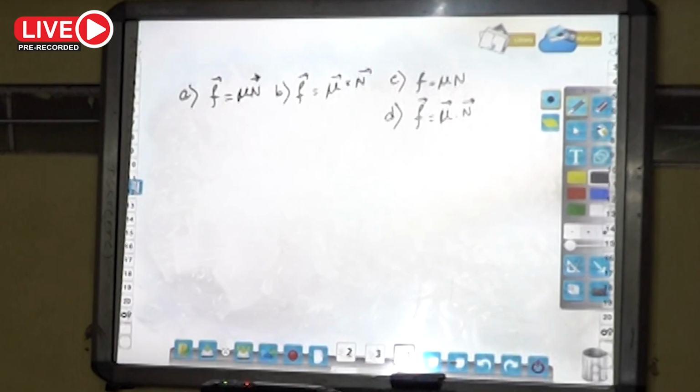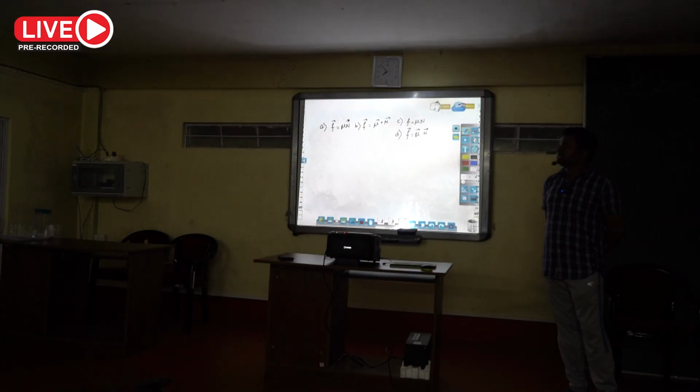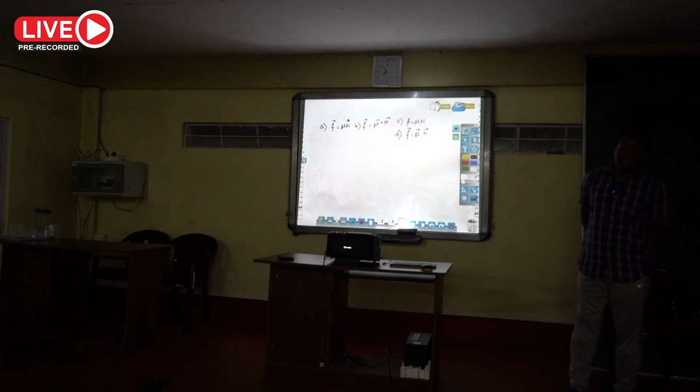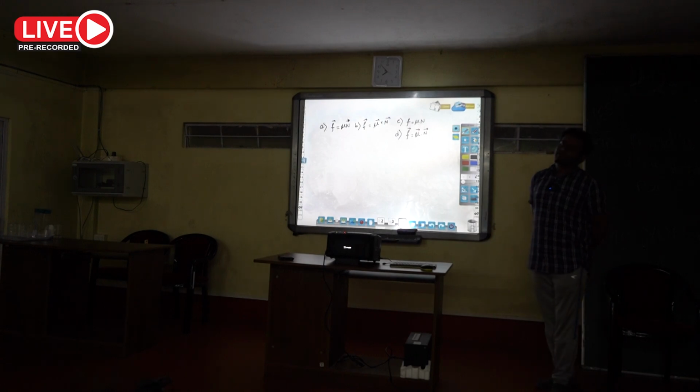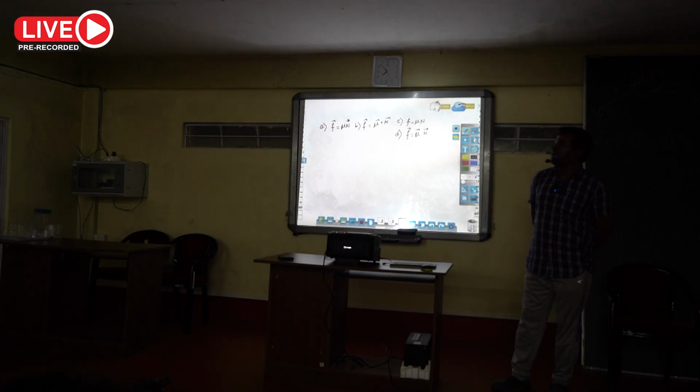But friction force is along the surface, oppositely directed, and normal reaction is perpendicular to the surface. So they are not related by the vector equation. Only the magnitude of friction is mu times normal reaction. So the correct relation is C only. And the other options given, cross product, dot product, those are not at all correct.